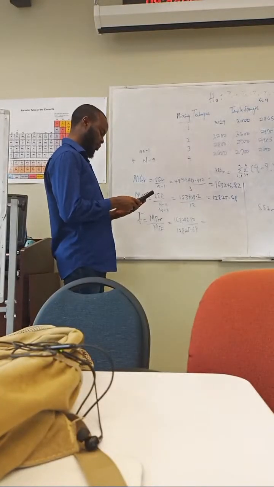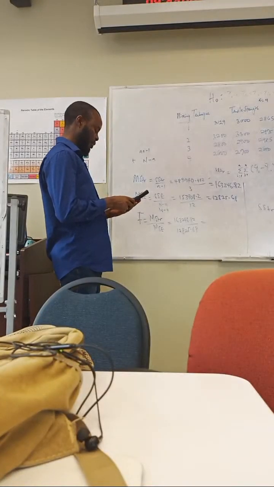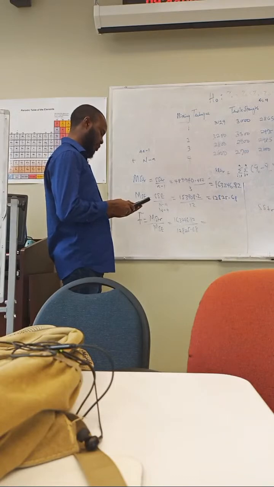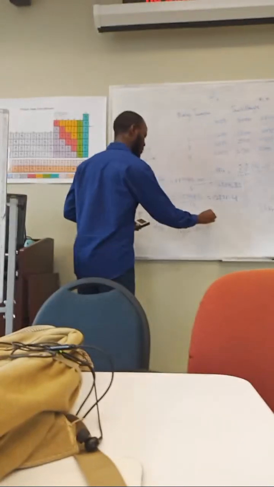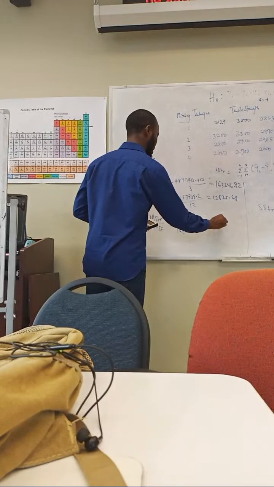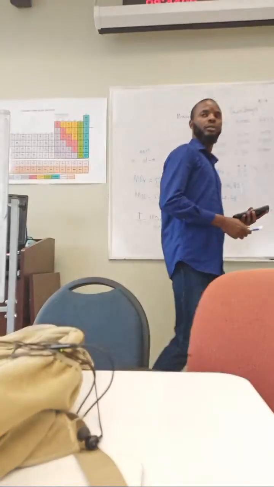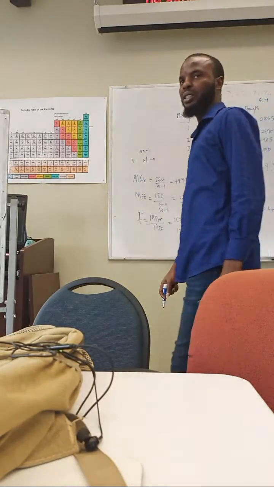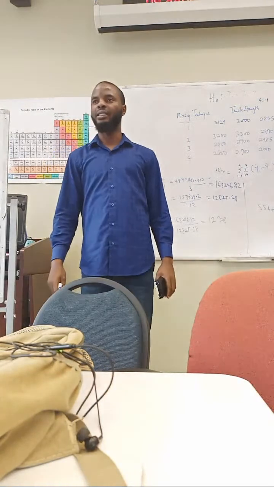So 163,246.82 divided by 12825.68 is 12.78. I think this is perfect. The answer is right. I want to make the decision. The way I'm looking at this, we are going to reject the null hypothesis, because your F is large.